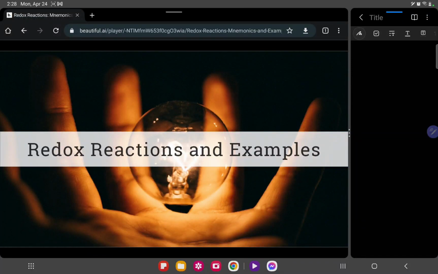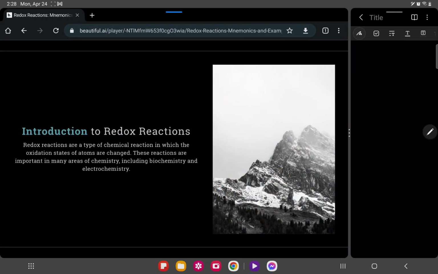Hi guys, so this is my discussion for redox reaction and I'll be giving some examples at the end of this discussion. When we say redox reaction, it's a type of chemical reaction in which the oxidation states of atoms are changed. We have discussed the oxidation states before and I hope you have remembered the table that I gave you on the oxidation states and how we combine different chemicals to arrive at a specific chemical combination.